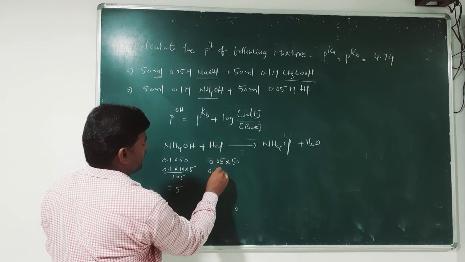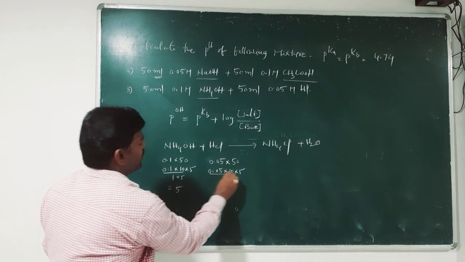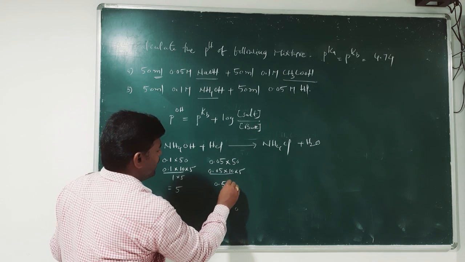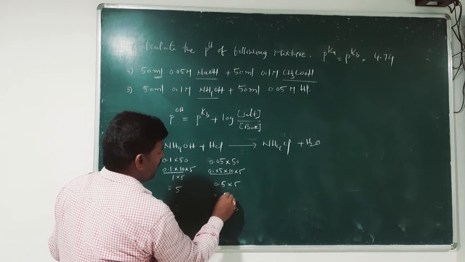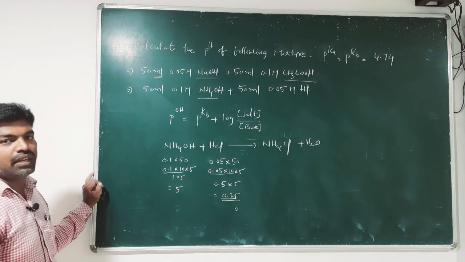This can be written as 0.05 into 10 into 5. Okay, so it can be written as 0.5 into 5, that is 2.5. So this is before the reaction.